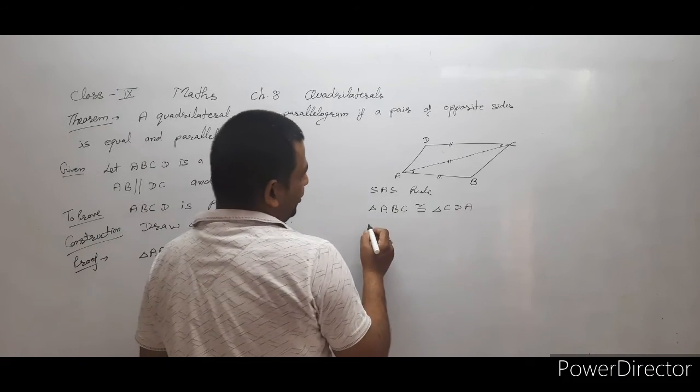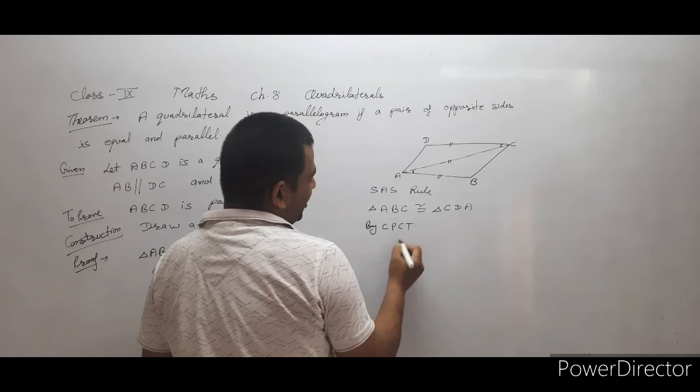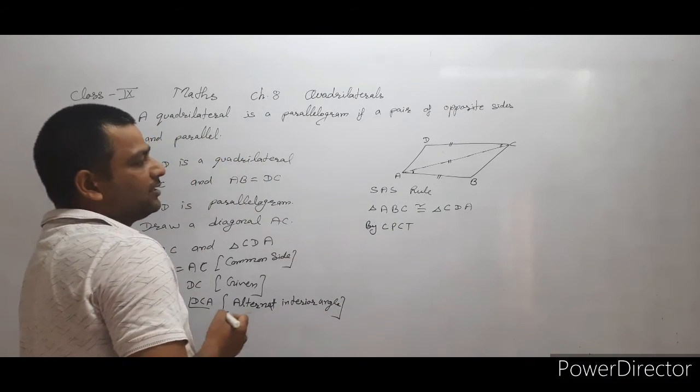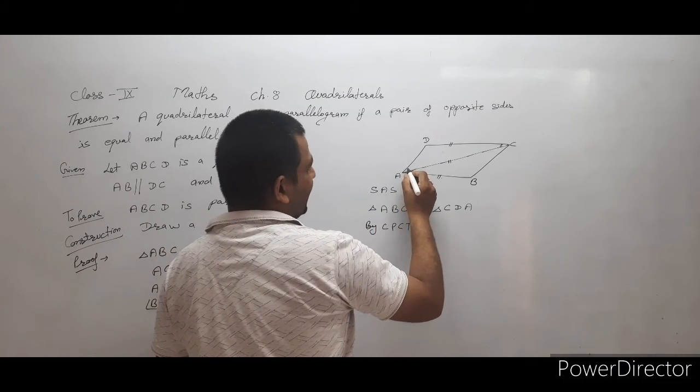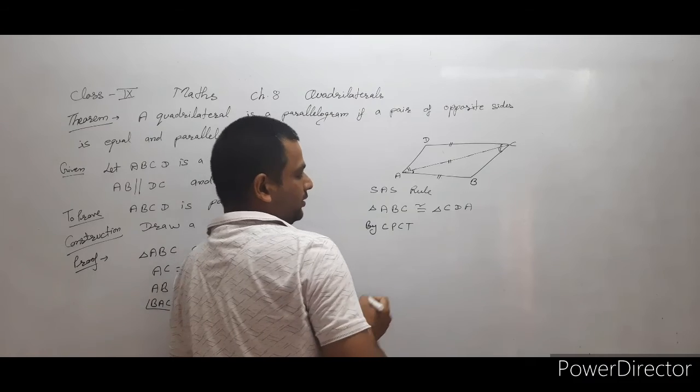If these two are congruent, then by CPCT, corresponding parts of congruent triangles, we can say that these two angles are also equal.